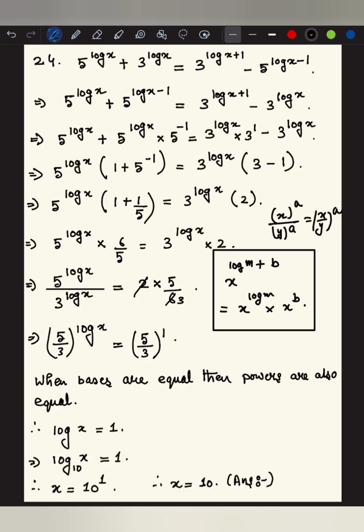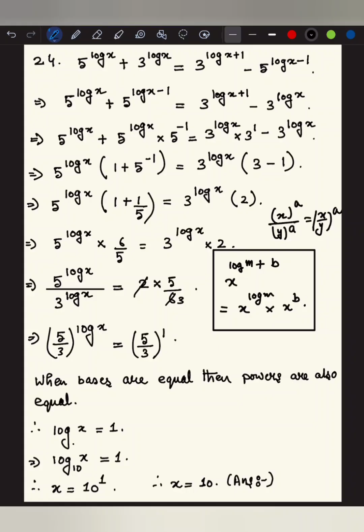So I have written it like this: 5 by 3 whole to the power log x equals 5 by 3 whole to the power 1. Therefore, we can say that when bases are equal, then powers are also equal. This is the rule of indices, the law of indices, right? So therefore log x equals 1.